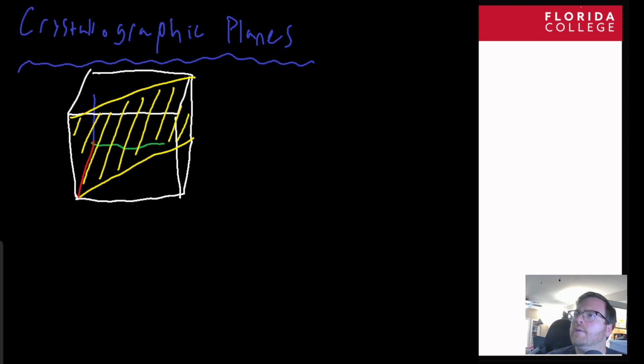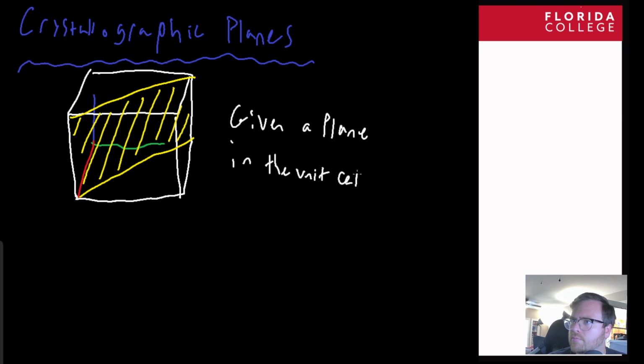And given a plane in the unit cell, we're going to have questions in this class and on your exam that are similar to this. Given a plane in the unit cell, determine what are called the Miller indices.